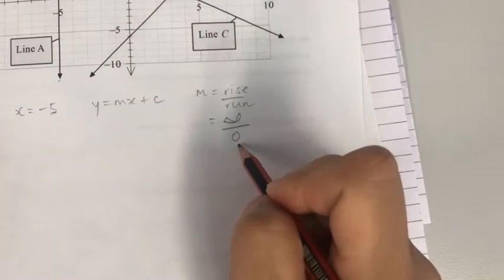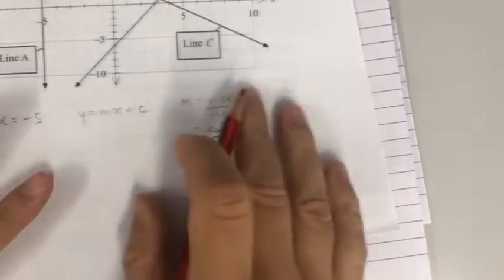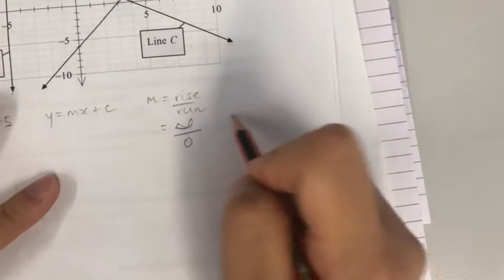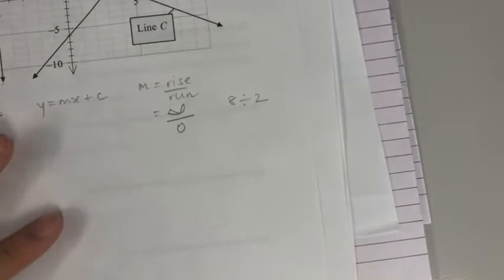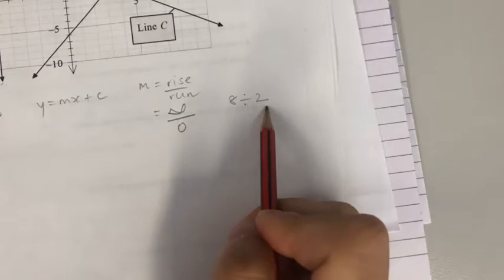So if you think about it, when you're dividing numbers, let's say 8 divided by 2, what you're doing is lots of subtractions of the same value over and over again until you get to 0.